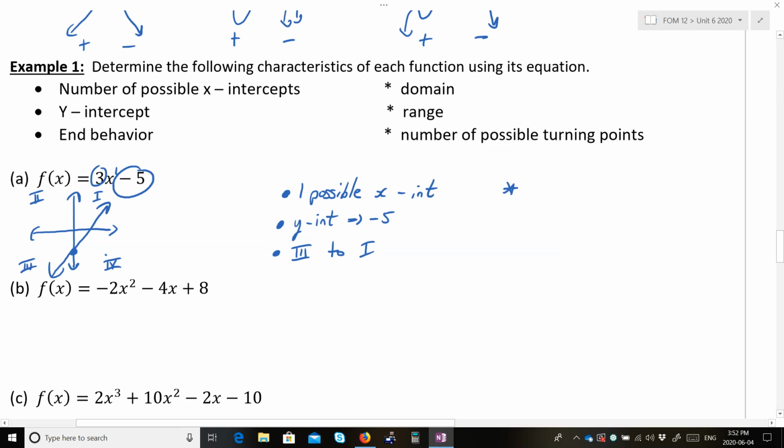The domain of any polynomial is all real, because the graph goes from left to right forever, covering the whole x-axis. This one happens to go up forever and down forever, so it covers the whole y-axis. So the range is all real as well. Domain is x, range is y. And the number of possible turning points, we have 0 turning points for a straight line.